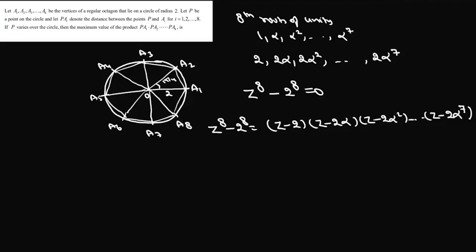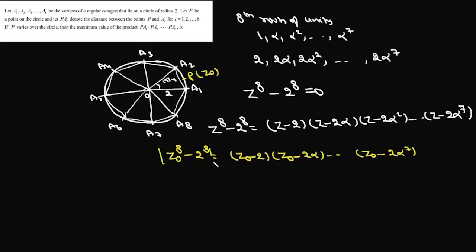Now let us take any point P on this circle, and suppose this point is z0. So we can write z0 to the power 8 minus 2 to the power 8 as z0 minus 2, z0 minus 2 alpha, up to z0 minus 2 alpha to the power 7.